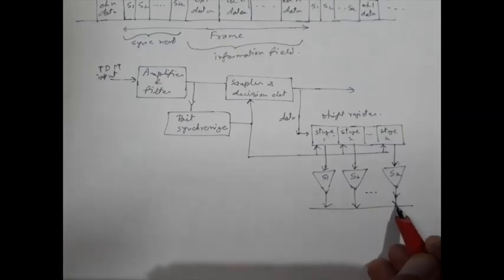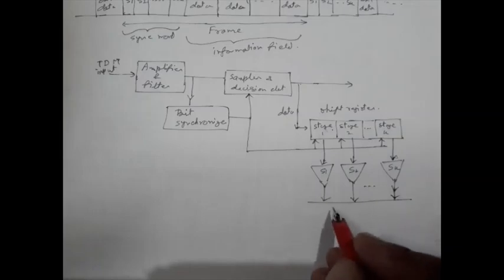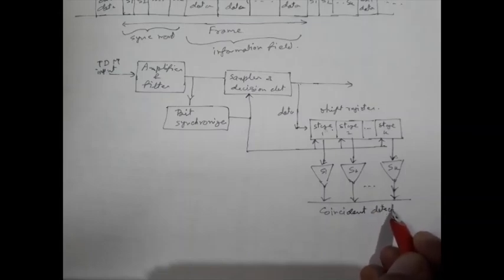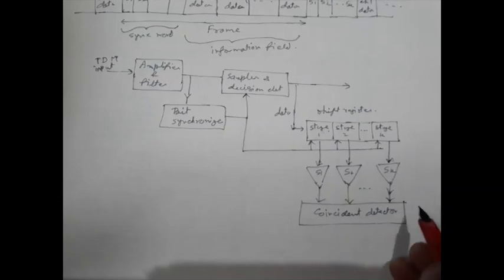And we have a coincident detector, similar to an n-input AND gate. The output is the frame sync.